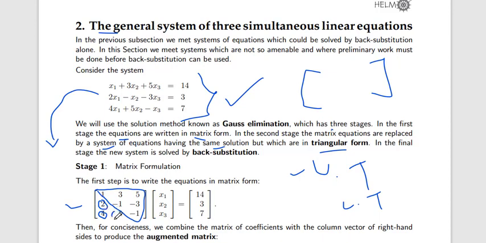Some methods we will discuss in a later part of this lecture. How do we get these values as 0? After we get 0, then in the final stage we solve this new system by back substitution.